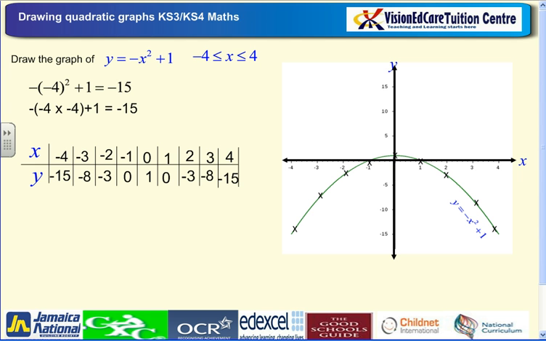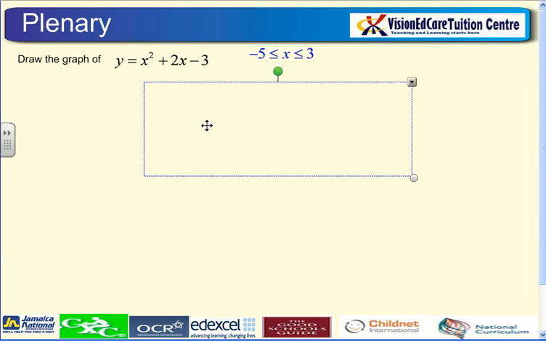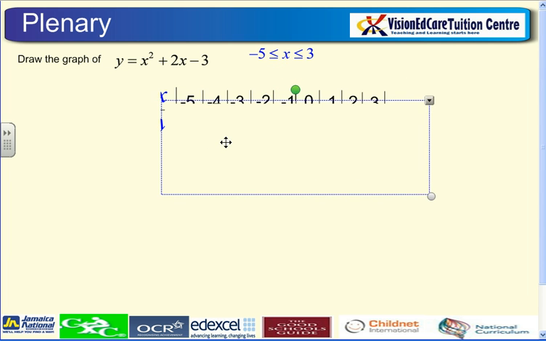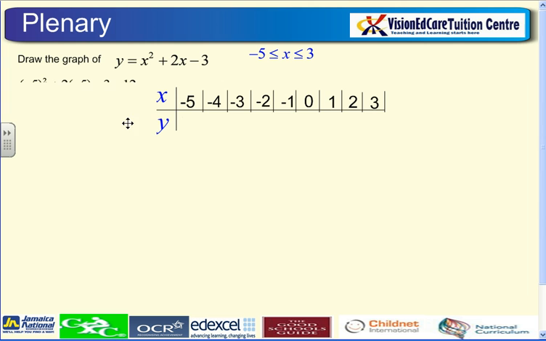Now try this question now. So you're going to pause the tape and work out the values of y. So the x values are here. Okay, so our first x value, we have minus 5.